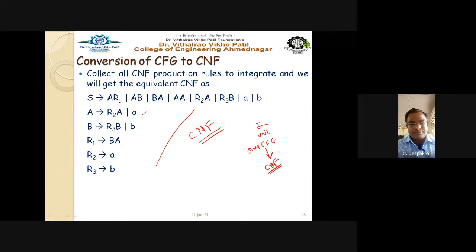These are the steps. That's why the simplification of grammar is very much important. And once we got the simplified grammar, then we have introduced the new non-terminals, that is R1, R2 and R3. By introducing these three new non-terminals, the grammar is brought into the normal form. Getting this point? Let us see another example.